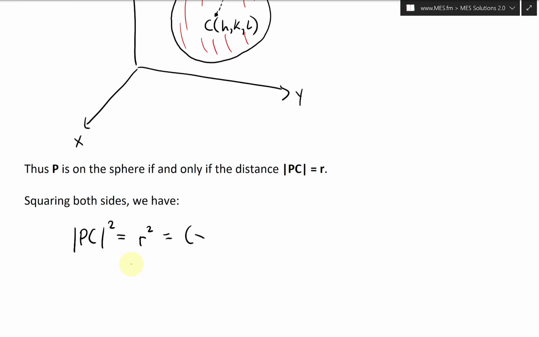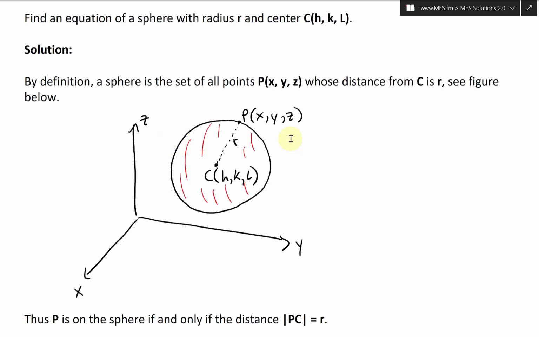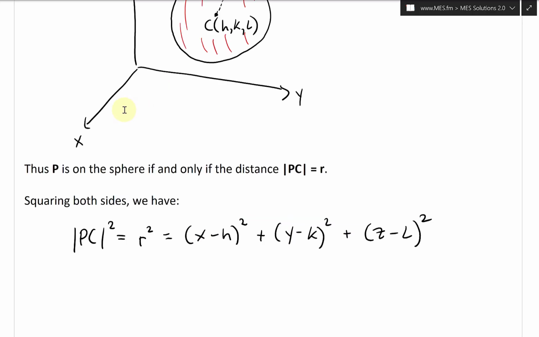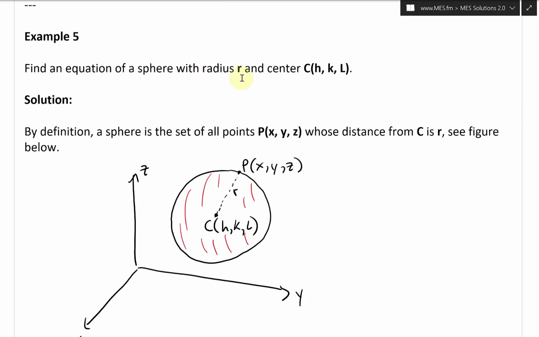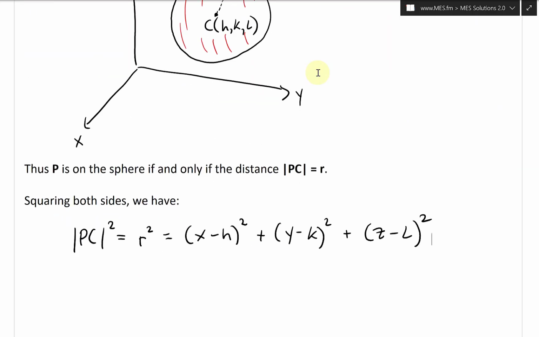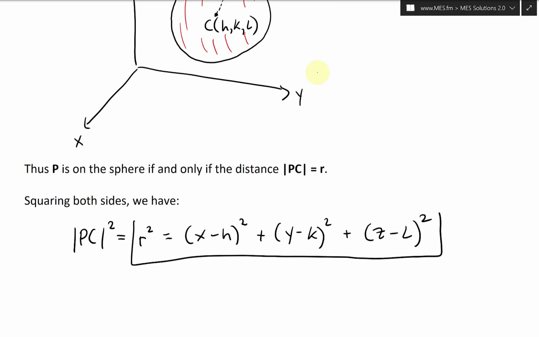This becomes x minus h squared, plus y minus k squared, plus z minus l squared. Thus our equation of a sphere with radius r and center C, H, K, L is just this. So we can box this r squared over like that. So there's the equation of a sphere.